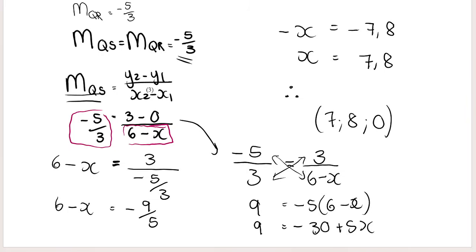So then we take the negative 30 over, it becomes plus 30, or add 30 to both sides. So 9 plus 30 is 39. So you're going to get 39 is equal to 5x. And then you say 39 divided by 5, and you get exactly the same answer. You get x is equal to 7 comma 8. Just please be careful when solving. Please, please, please be careful when solving, because you can lose marks by doing incorrect basic solving.